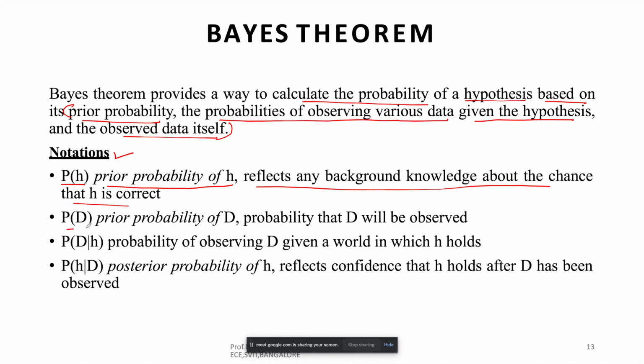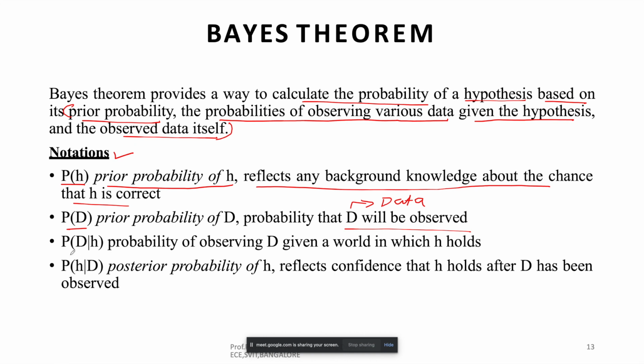Then P of D. The prior probability of D, the probability that D will be observed. What is D here? Data. Okay, data.